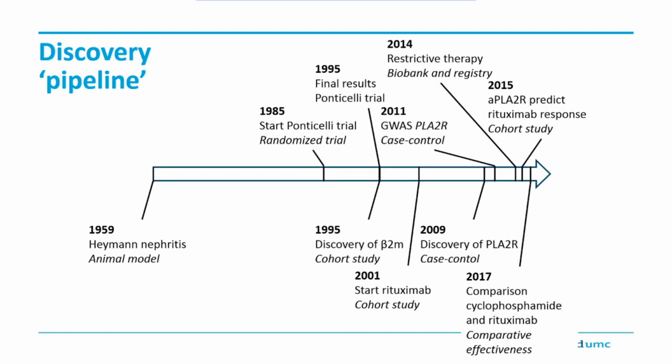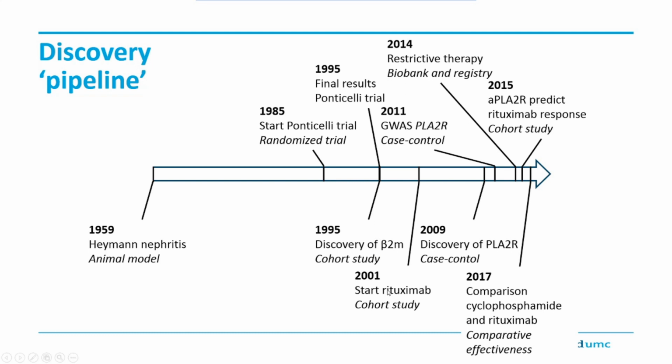So to summarize, this is sort of the haphazard discovery pipeline for membranous nephropathy. This is the historical overview. So in the late 1950s, the heymann nephritis model was discovered. It took us almost 25 years to use this and start the first randomized trial, which finished in 1995. This is also the year that beta-2 microglobulin was discovered and used to further personalize the treatment.